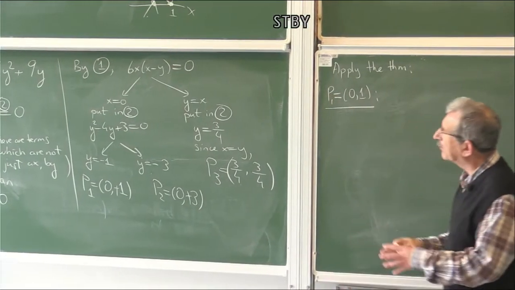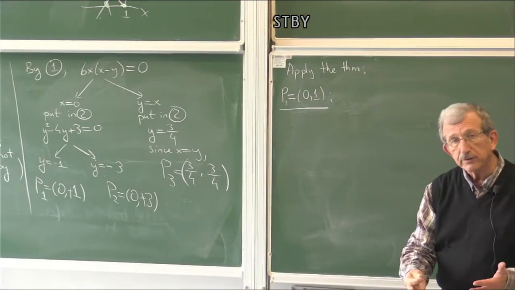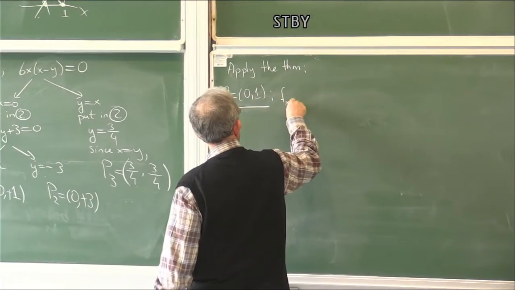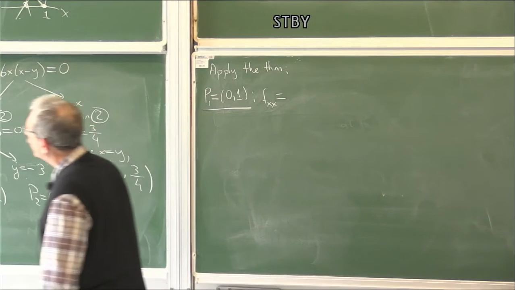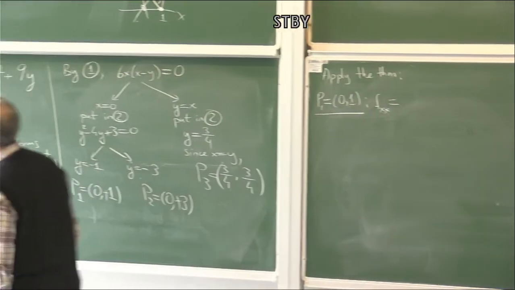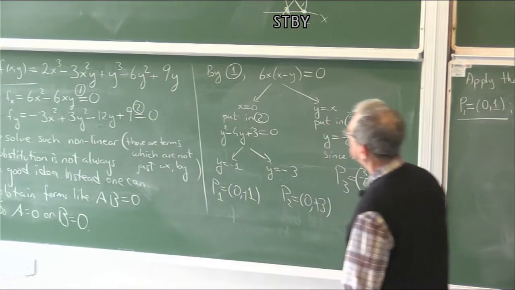Now, to apply the theorem, we need the second derivatives for the Hessian. So, let us calculate fxx. First, we already have f sub x, so differentiate again. That's 12x minus 6y.